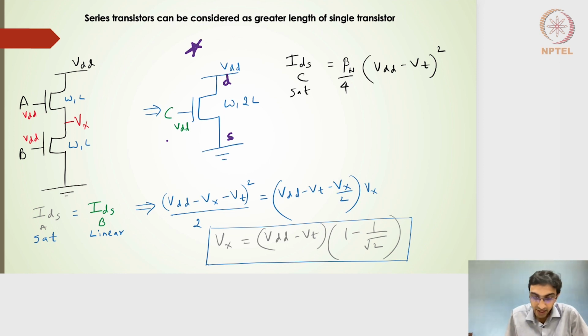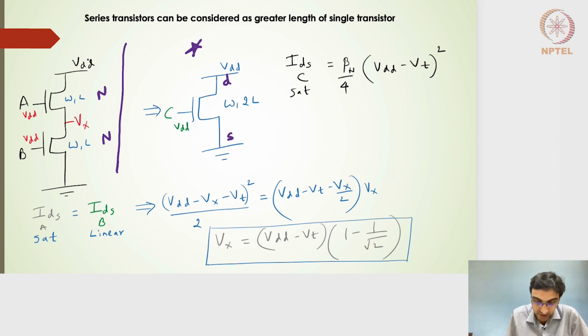Okay. And we have one more configuration where we have two NMOS transistors, this is NMOS and this is also NMOS, and they are in series. Again, just to reiterate, it is not PMOS and NMOS, both of them are NMOS. So two NMOS transistors in series, right?